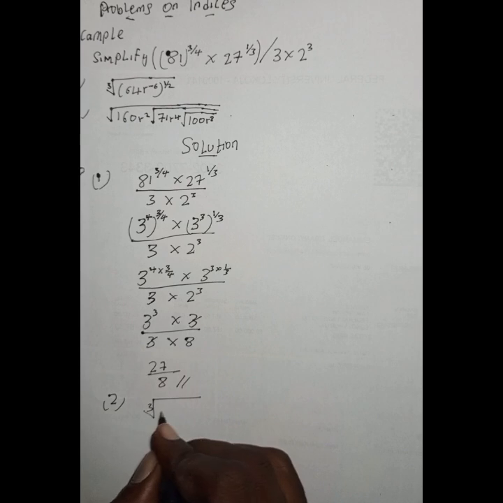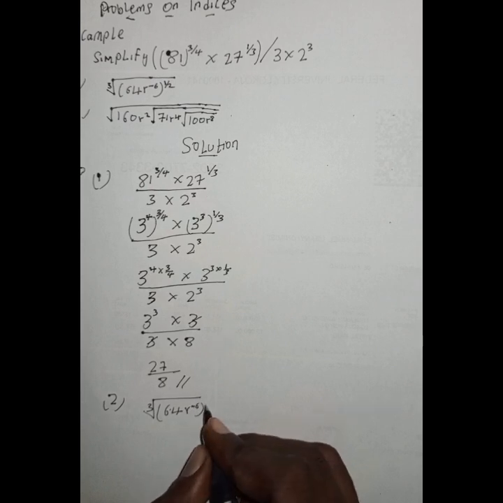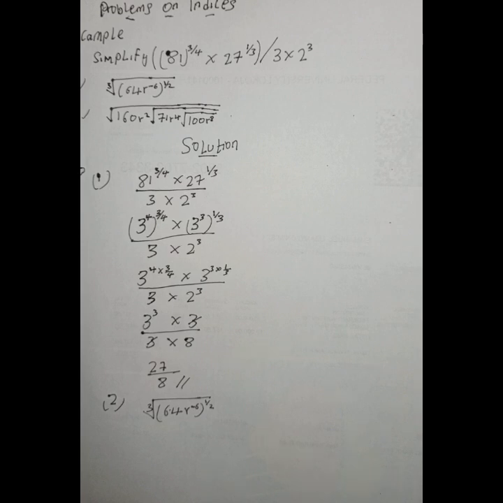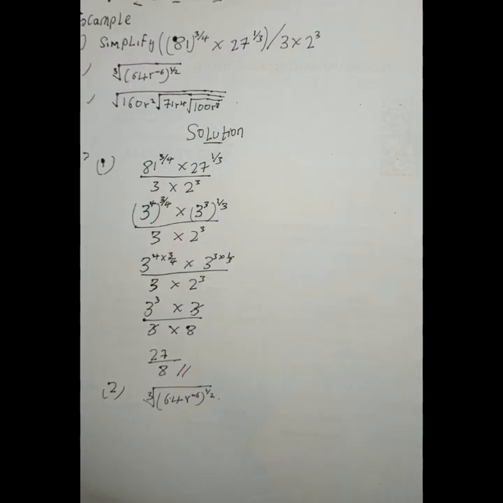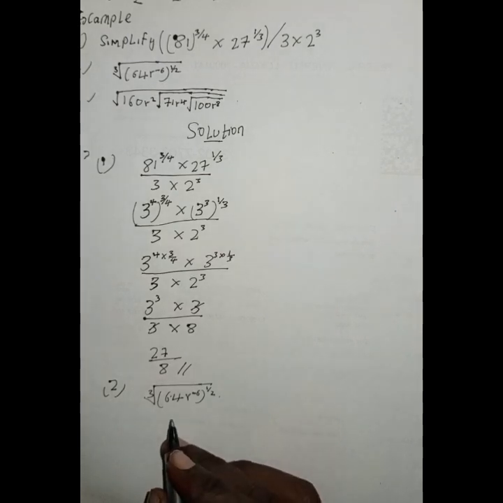the cube root of 64r raised to the power of minus 6, and then raised to the power of 1 over 2. Now looking at this question, I can simply look at this 64.